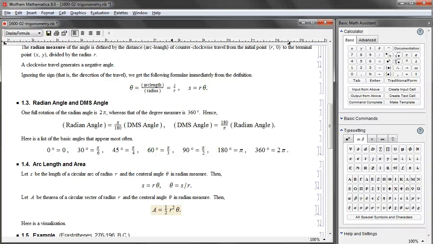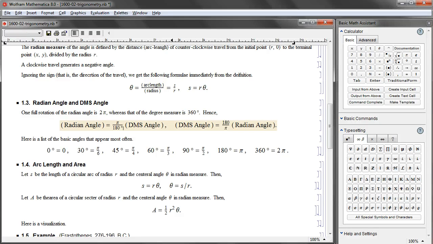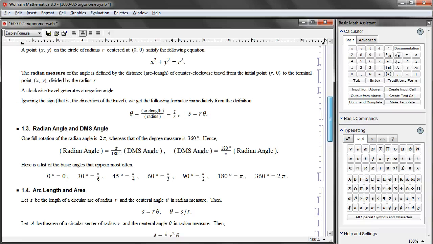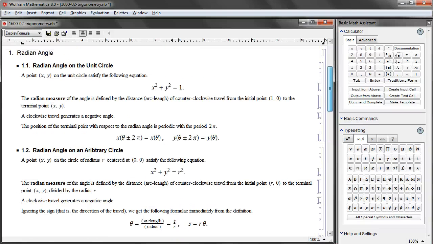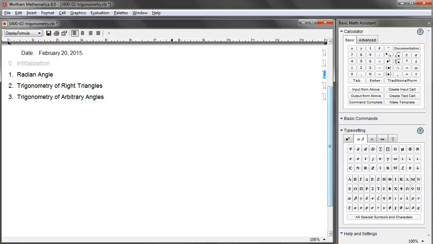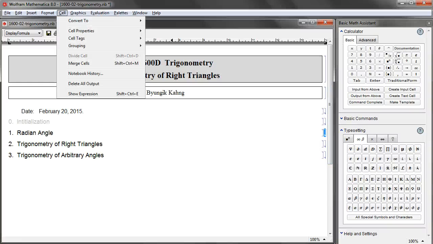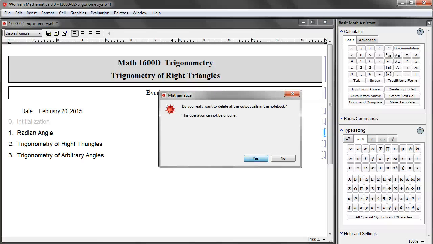Conversion between degree angle and radian angle was easy: pi over 180 degrees or 180 degrees over pi, depending upon what to change to what. Okay, that was a quick review.